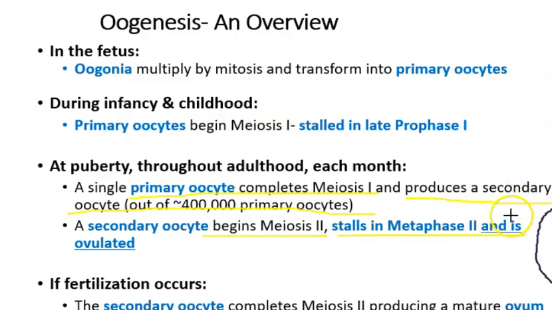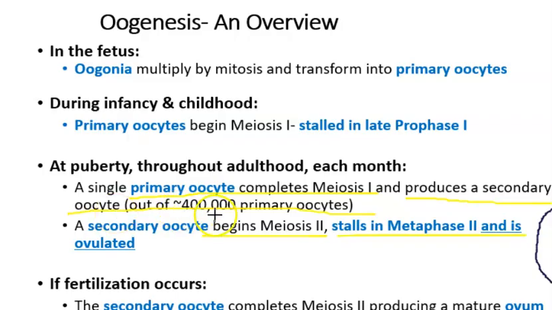An oocyte with chromosomes in metaphase 2, so already haploid, and the chromosomes are lined up individually at the metaphase plate, as if it were mitosis. I'm trying to draw in a centromere. It's not working too good. This one already has one. Okay, so this is the stage of an oocyte that's ovulated.